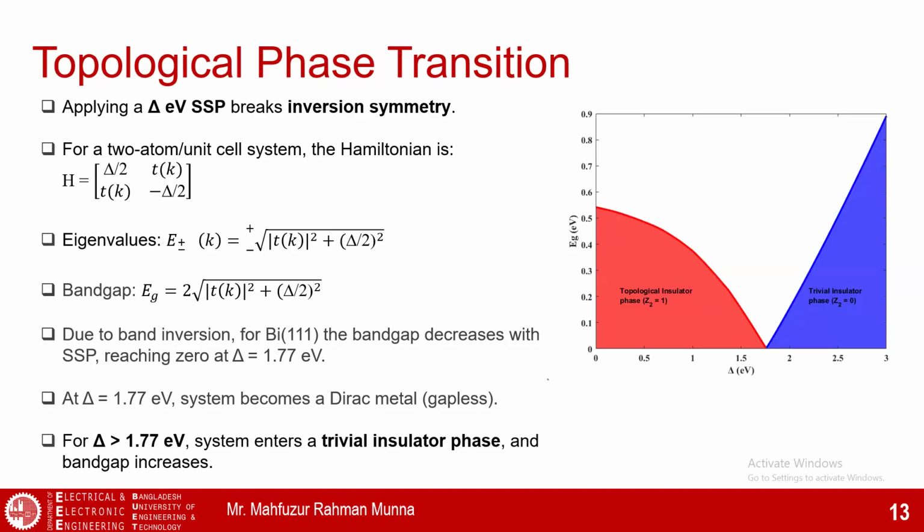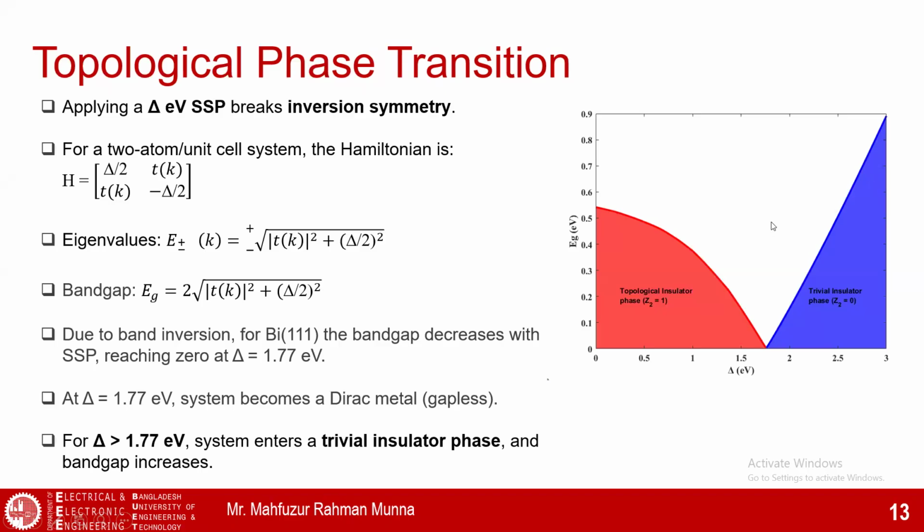However, for bismuth tri-one, there is an inverted band gap. That means the energy of the valence band is greater than the energy of the conduction band. So if we apply a staggered sublattice potential to a quantum spin Hall insulator, the energy gap will get reduced rather than increased.